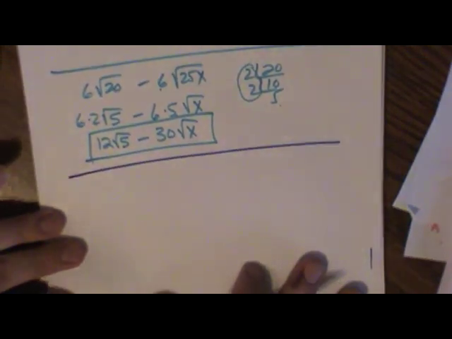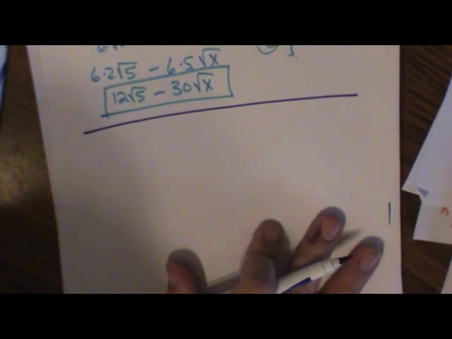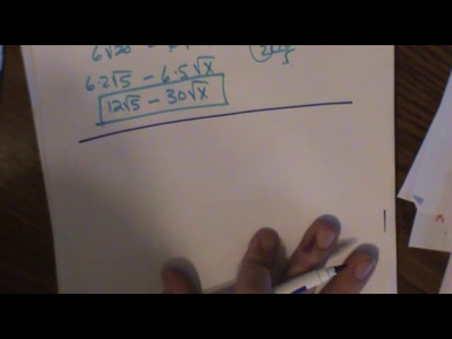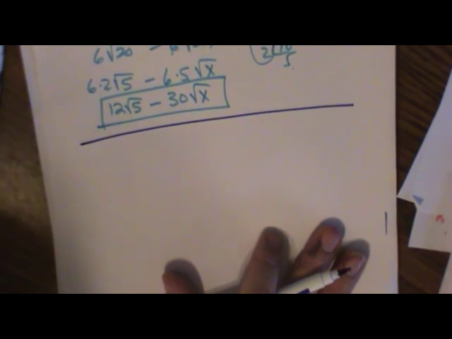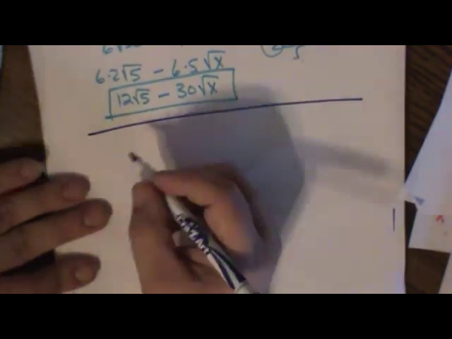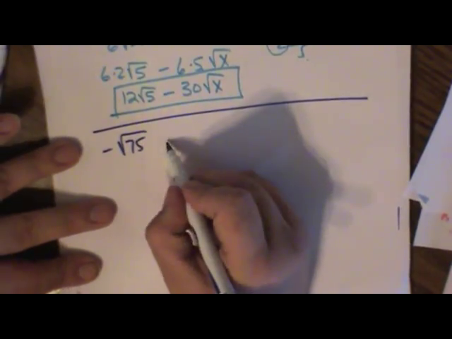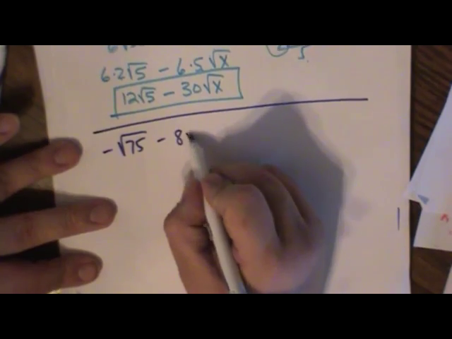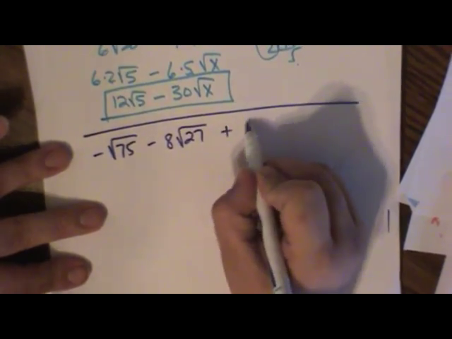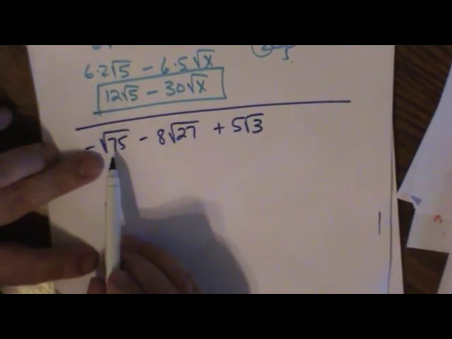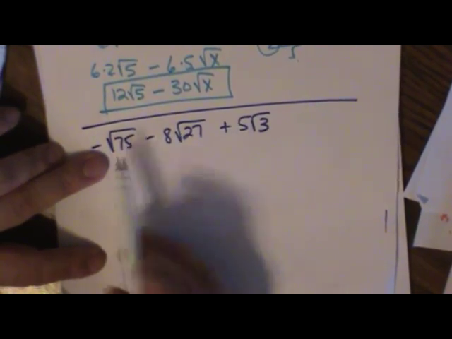Now let's try this one. It's not as complicated, but sometimes the easy ones can get us just as easily as the hard ones. Okay, we want to find out how many, because the index is 2 on each one of these.